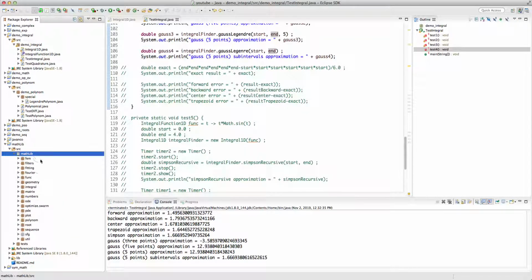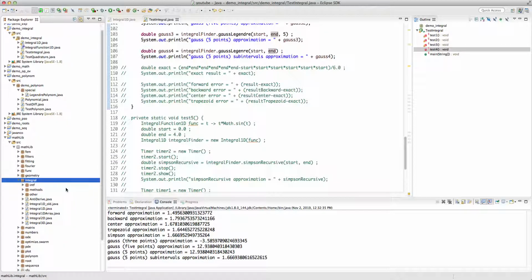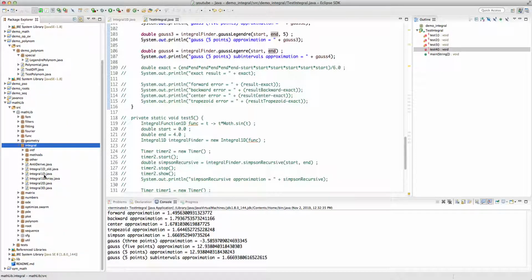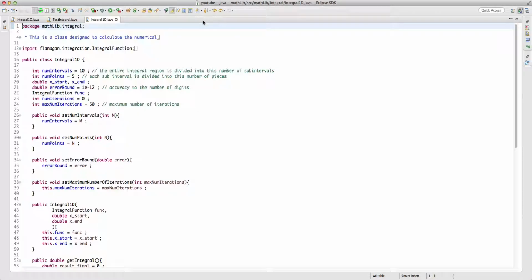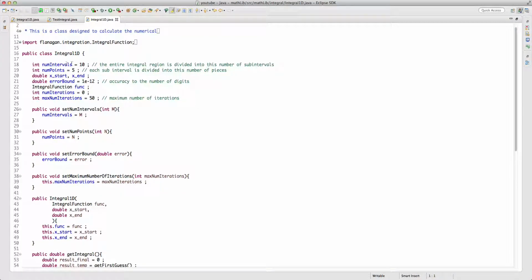So in my math lib, in the integral package, I have this Integral1D class, and it's more of an adaptive integration. So I start with 10 sub-intervals. I break the original interval into 10, and then I start with 5 points for Gauss quadrature, all right?